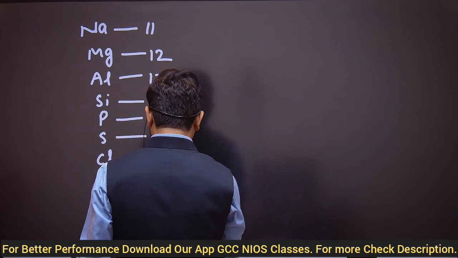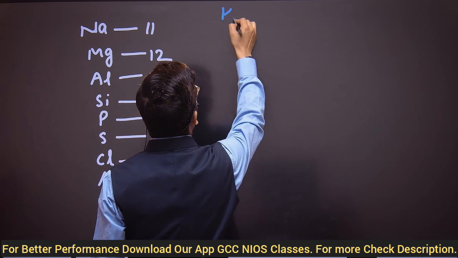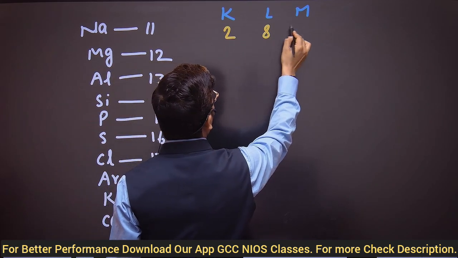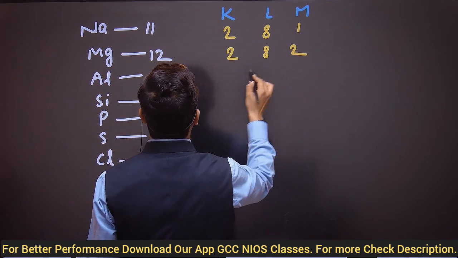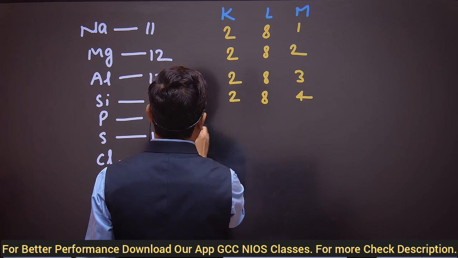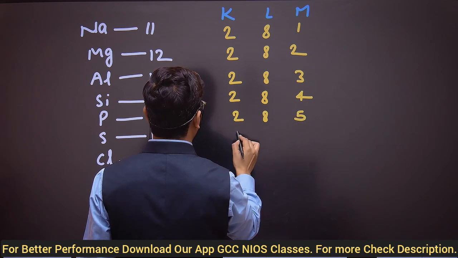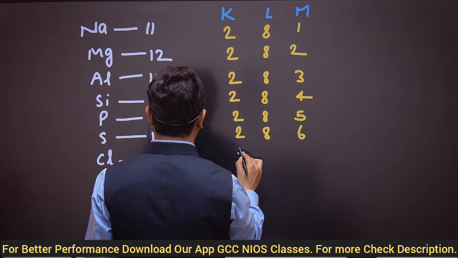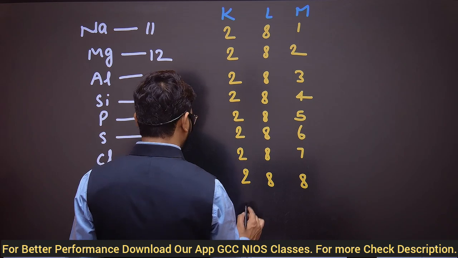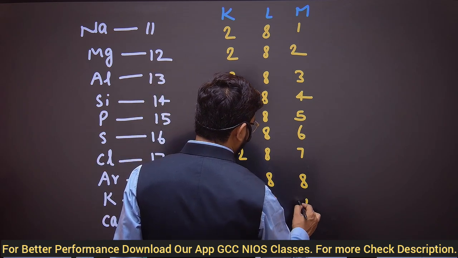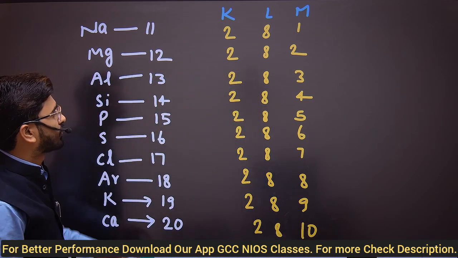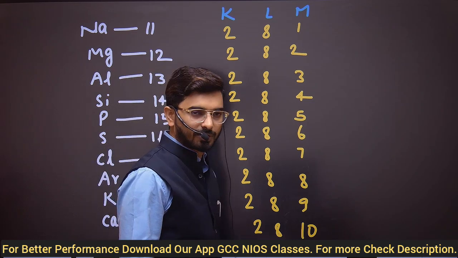That means if we describe KLM, here written KLM, right? And the configurations we write: 2 8 1, 2 8 2, 2 8 3, 2 8 4, 2 8 5, 2 8 6, 2 8 7, 2 8 8, 2 8 9, and 2 8 10. So this is the basic electronic configuration of the elements.